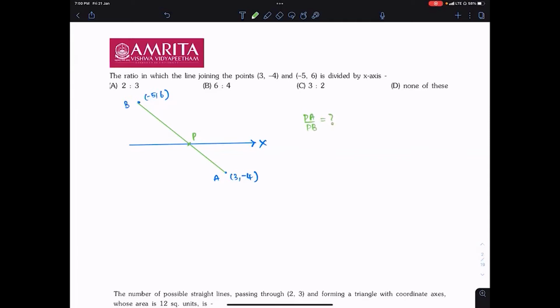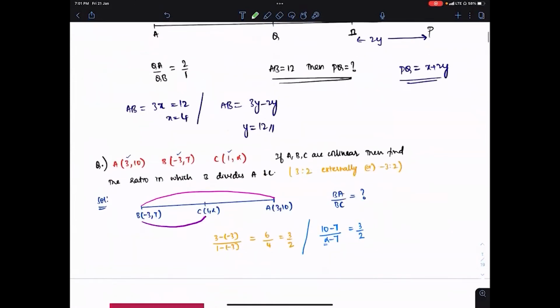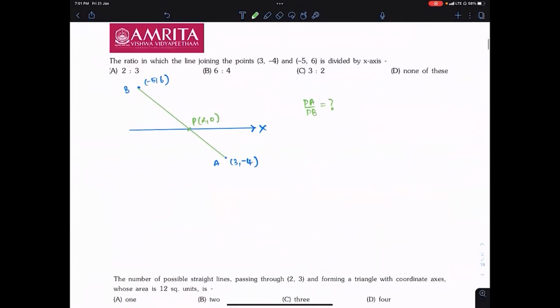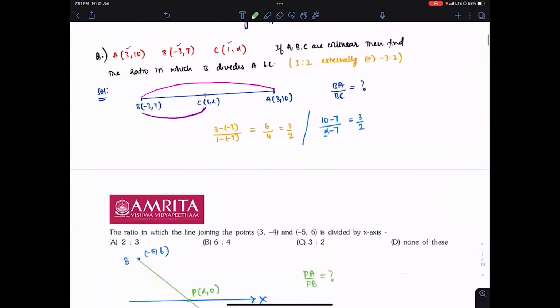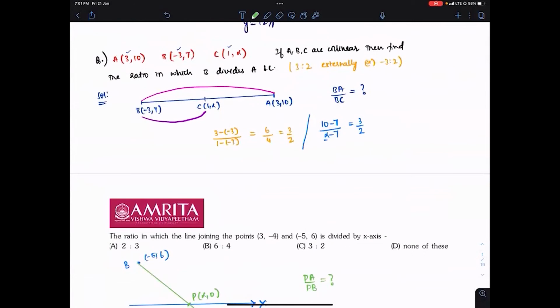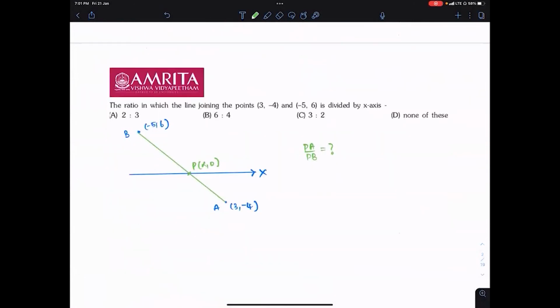Now on the x-axis, every point will be of the form alpha comma 0. So it looks similar to the previous question. What was the previous one? These 3 points are collinear, like that one: -5, 6, alpha 0, and 3, minus 4.